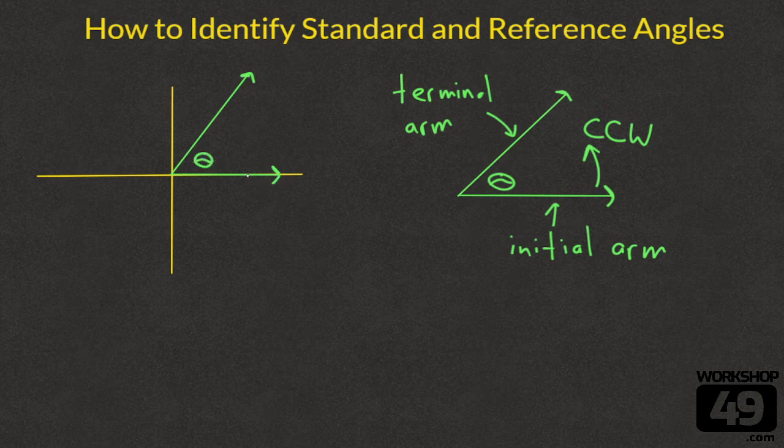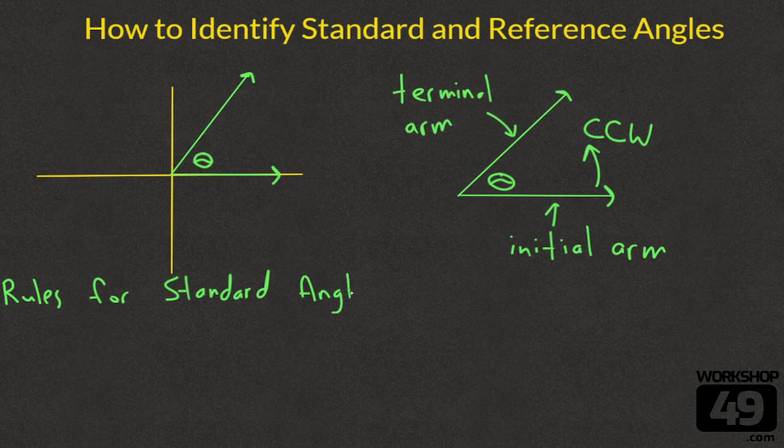And there's some criteria that specifies that this is a standard angle and not just some angle that we drew. And here's the rules. Rules for standard angles. And as long as you check these, you're never going to get this wrong. Number 1.